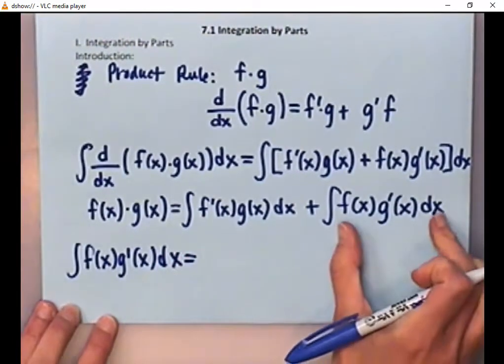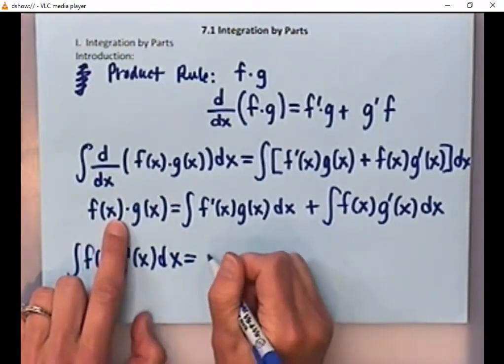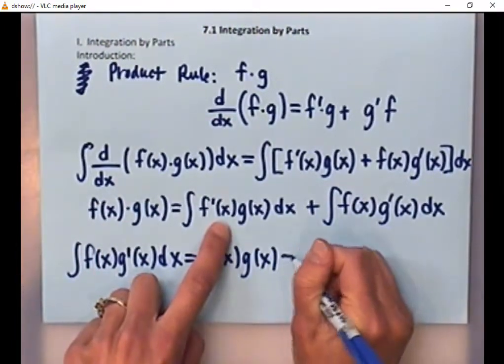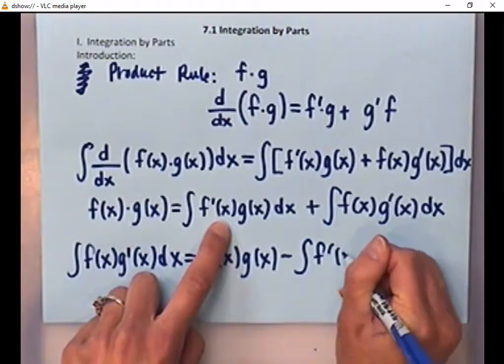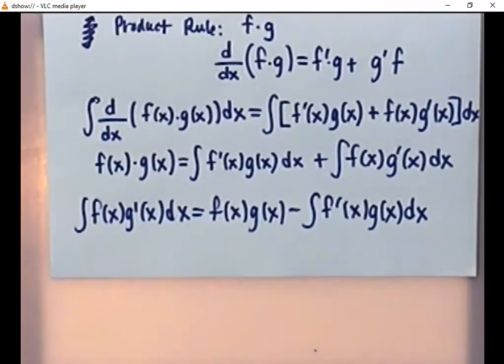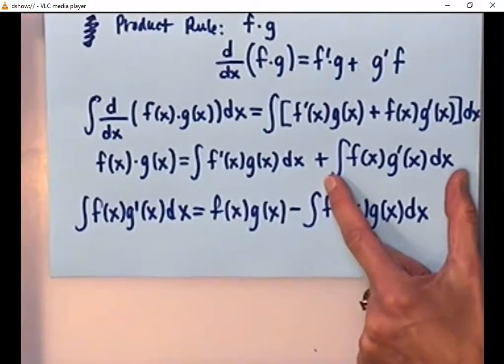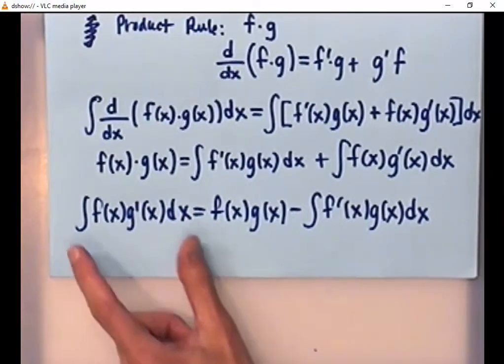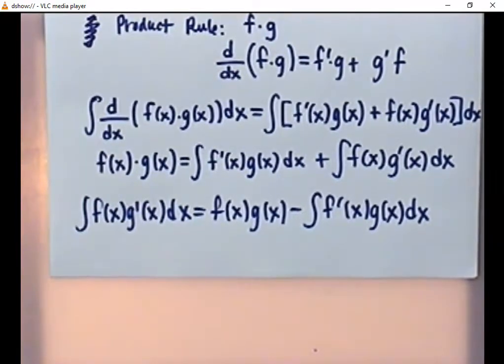And if I separate this, it will be equal to the f of x g of x minus this piece here. Okay. So I just isolated this part of the equation, moved this to the left by subtracting, but I did switch the sides they were on.